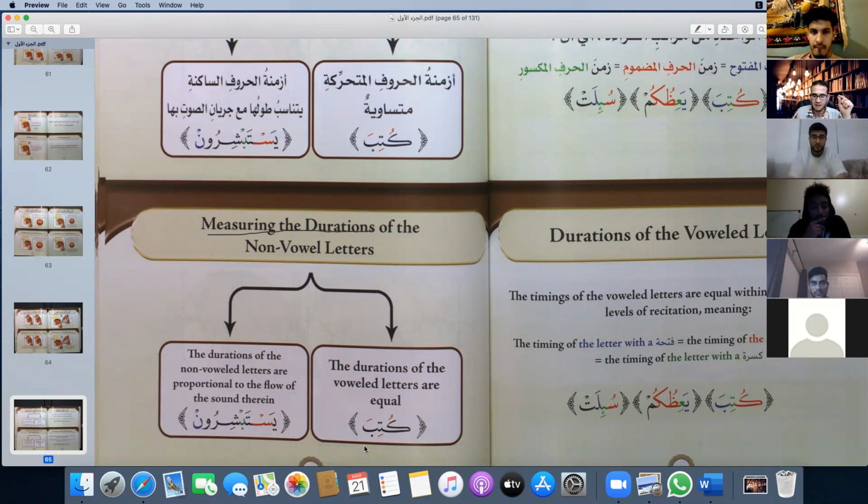durations. But if I take something like this example here: ya'idhukum, without the meem, because meem is sakin. Is ya shadid or rakhu or between? How?